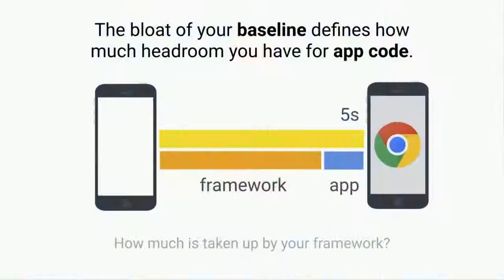Now, in order to help you get fast and stay fast, your framework needs to give you the best possible headroom to succeed. Think of it like a budget. If you're trying to get interactive in 5 seconds, you want to make sure that you have enough budget for your application code and that your framework isn't taking up that entire budget, right? Because if you're going to start slow, you're very likely to stay there.